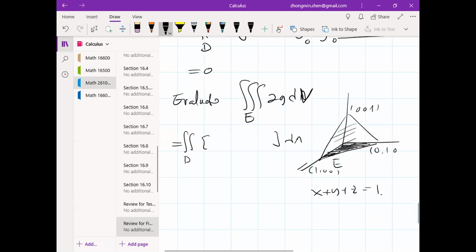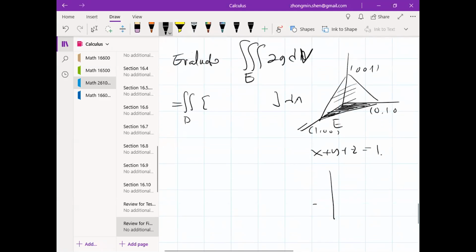That is my D. The equation of the line is x plus y equals 1. So this is D.